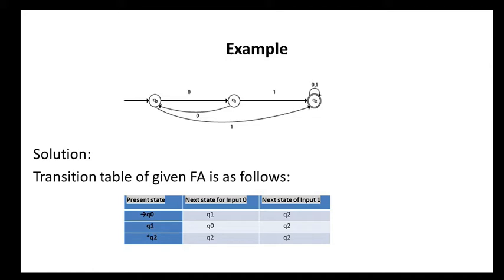How can we write the transition table for this finite automata? In the rows we have the set of states. In the columns we have input symbols, and inside, the state it is going to is written. The arrow mark represents the start state, and the star represents the final state.